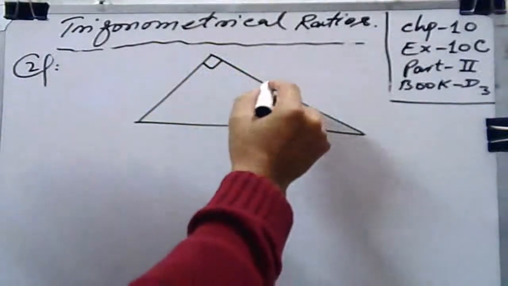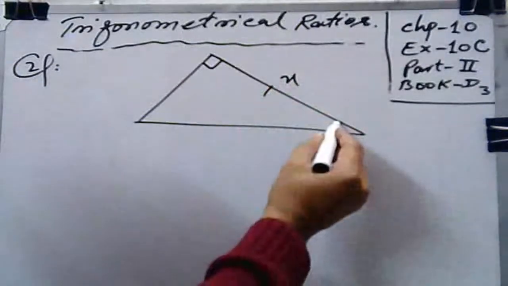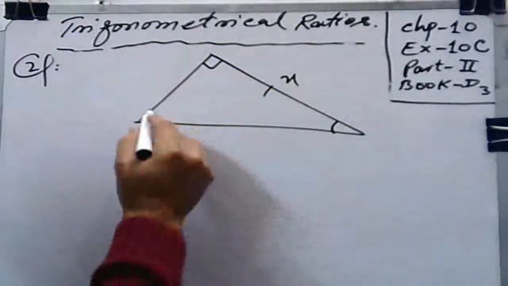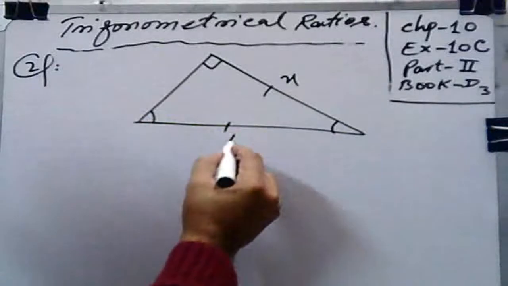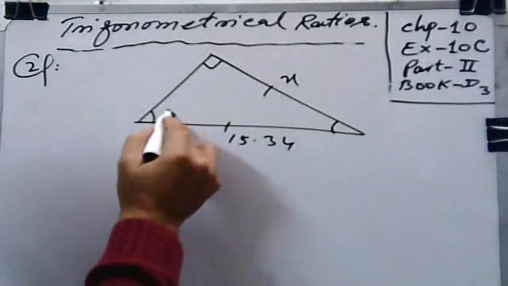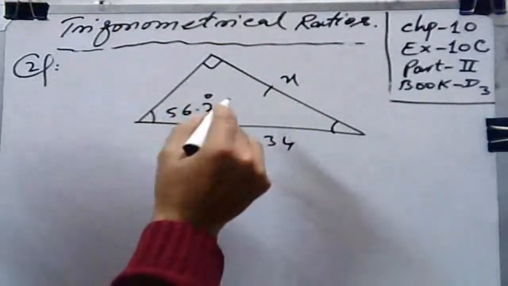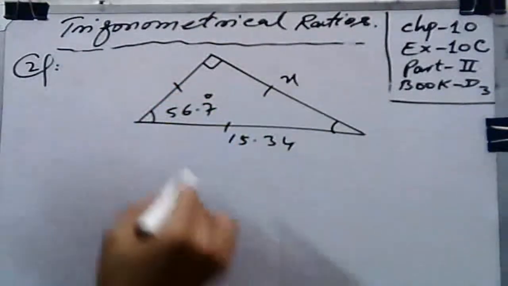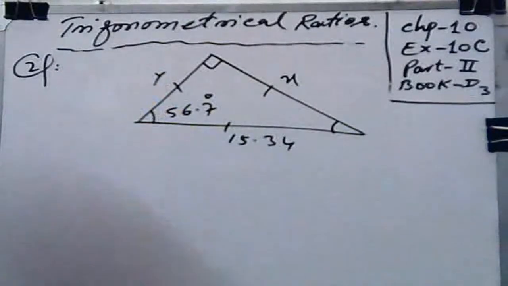So here is your 90, this is your x, this side is your 15.34, and this angle is 56.7 degree, and that one is your y. So we have to find the values.